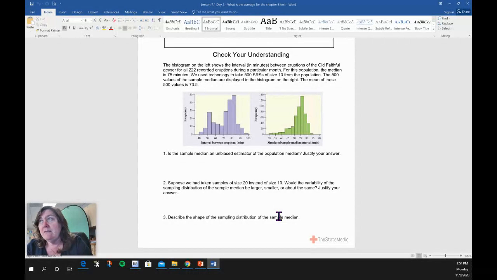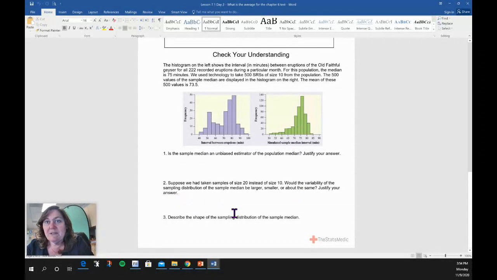Let's see if we can figure out what happens with median. Okay, this one's asking you to look at the sample median. So remember, median is where 50% of the data is below it and above it. So you got to figure out where 50% lies to find the median of the population. And then look at the median of our samples, the sample median. And again, there's no symbol here for this because we're not using sample median very often.